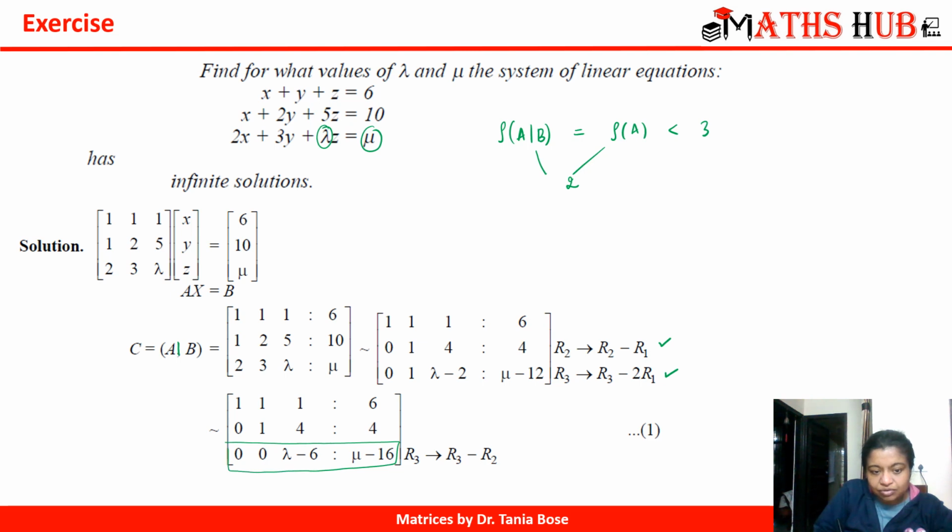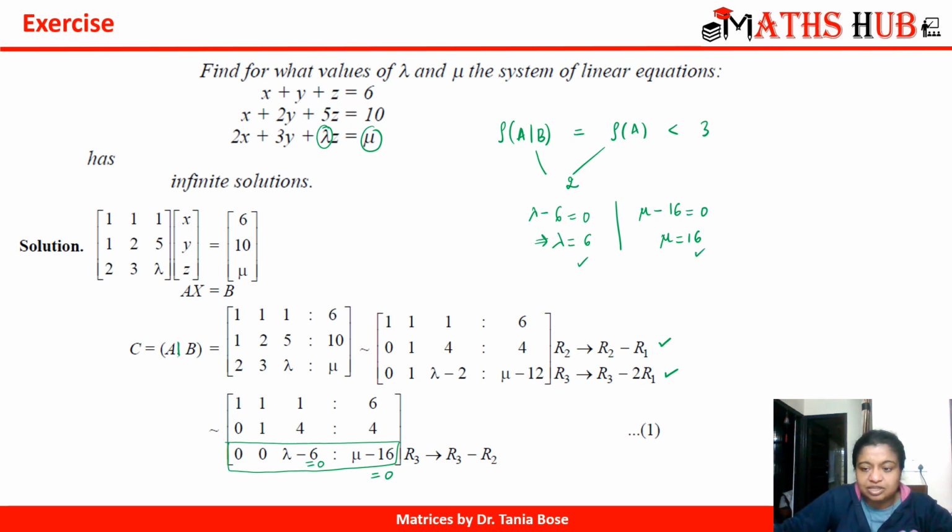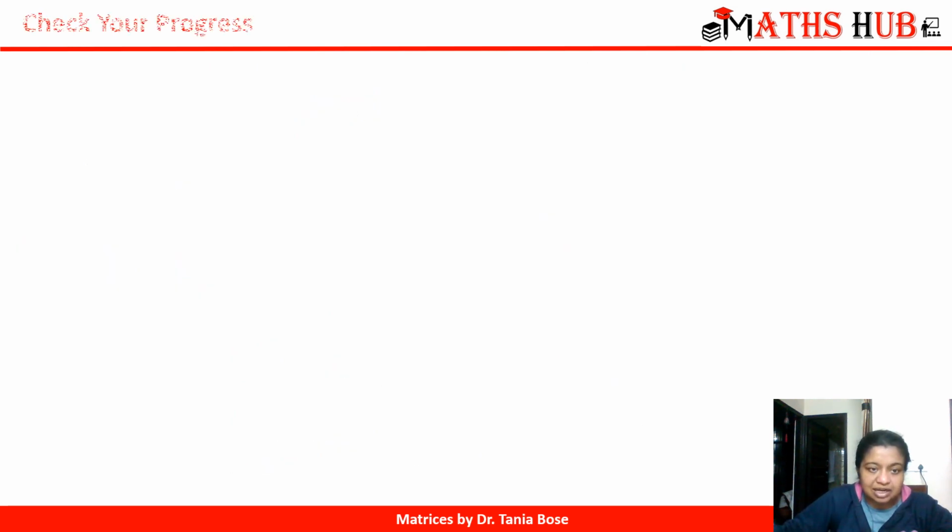That means this should be equal to 0 and this should be equal to 0. If lambda minus 6 is equal to 0, lambda is 6. And if mu minus 16 is equal to 0, mu will become equal to 16. So these are the values of lambda and mu for which the system will have infinitely many solutions, right?